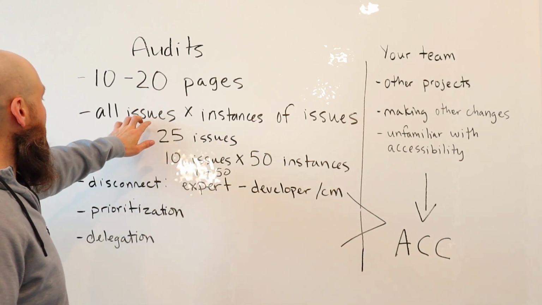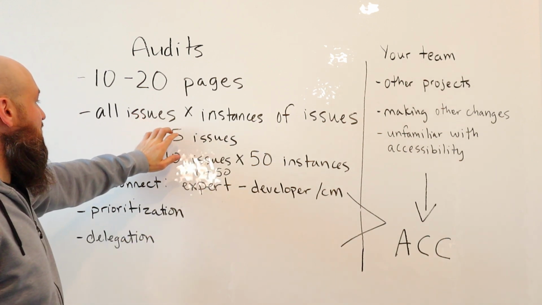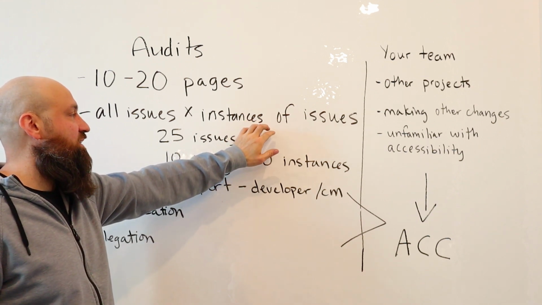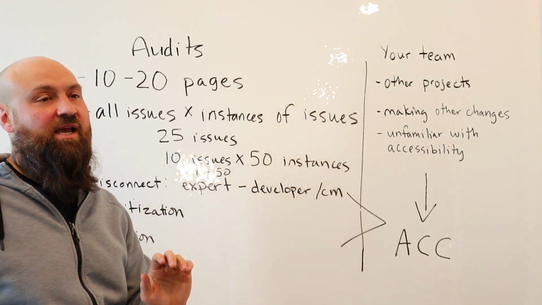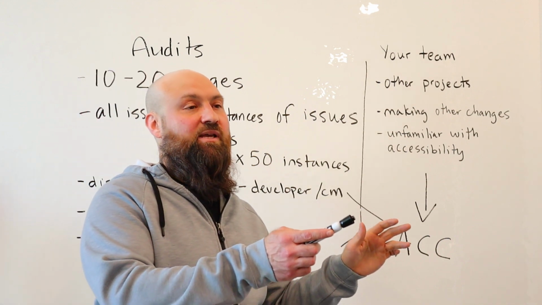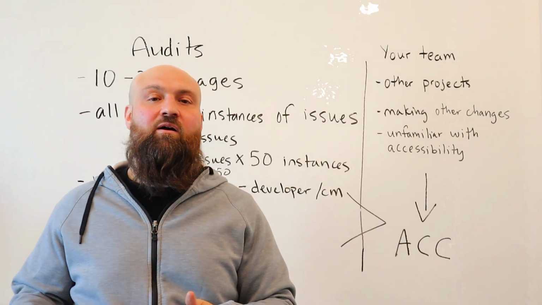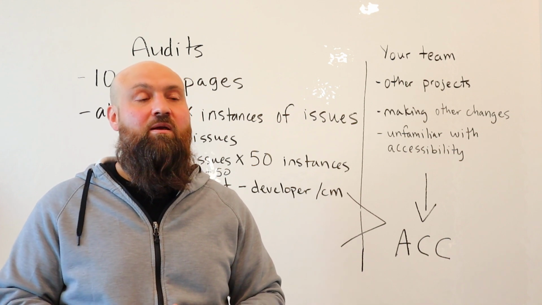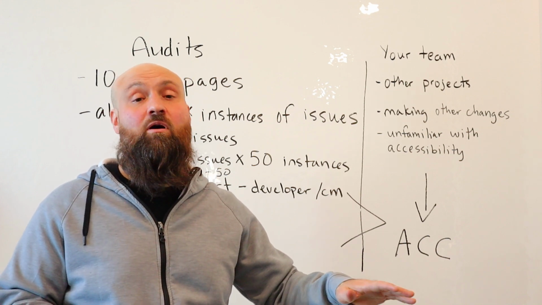And so you will have all of the accessibility issues, but what's important to note is that there are any number of instances of those issues. So let's say the accessibility issue is alt text, but then there are 100 instances where you have images that are either missing alt text or have a null alt attribute.